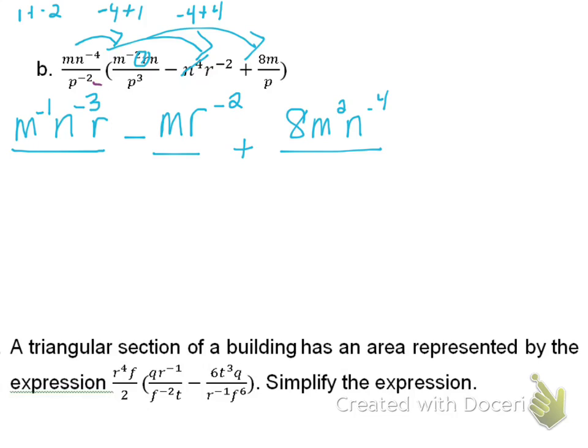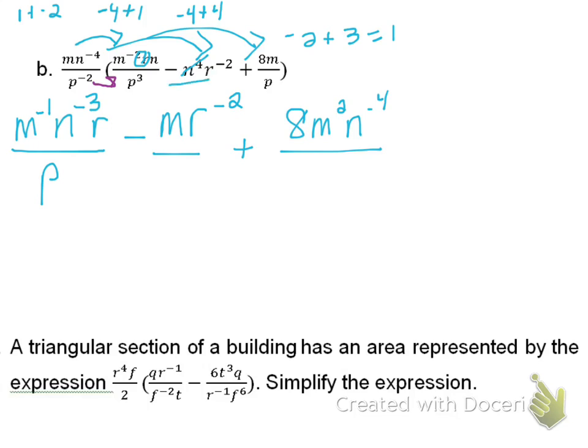Let's move on to denominators. We have p to the negative second power times p to the 3rd power. So again, that's negative 2 plus 3, I'm sorry, lost my spot here. So negative 2 plus 3 equals positive 1, so that's just p.